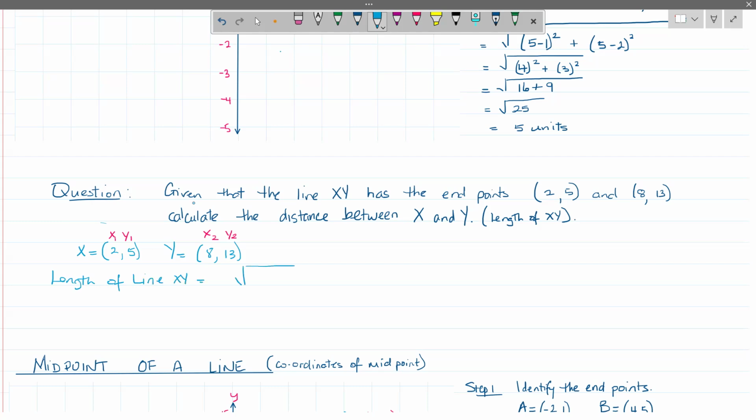It's the square root of X2 minus X1 all squared plus Y2 minus Y1 all squared, right? So the 2 has to go before the 1. This is why we label the points, so we can easily substitute inside here.